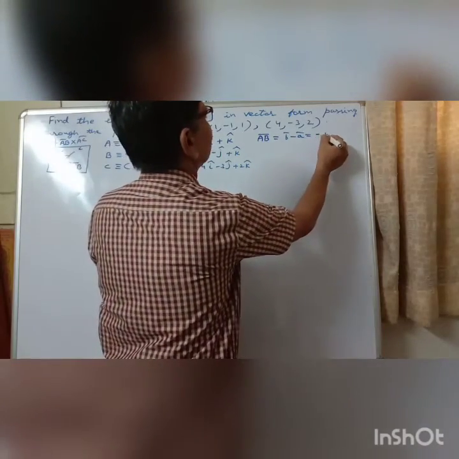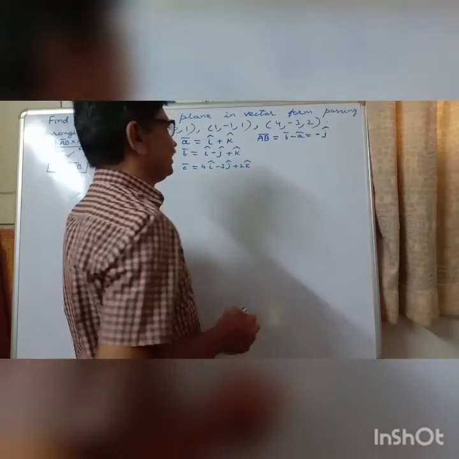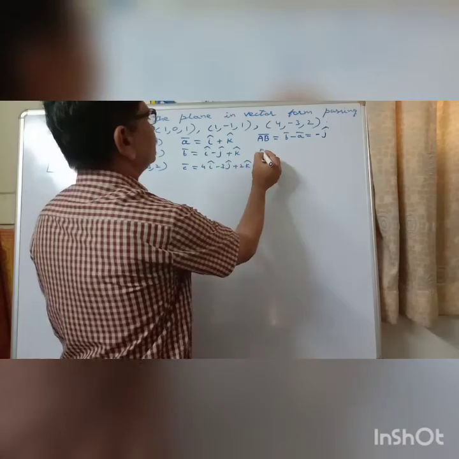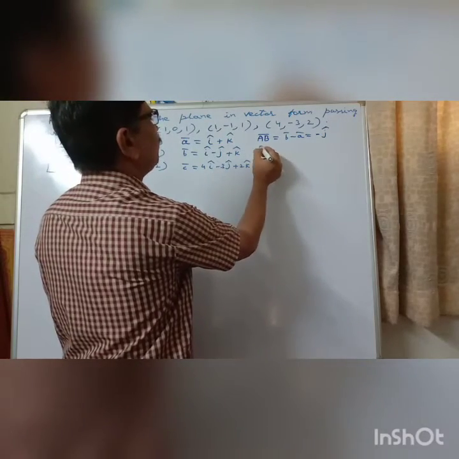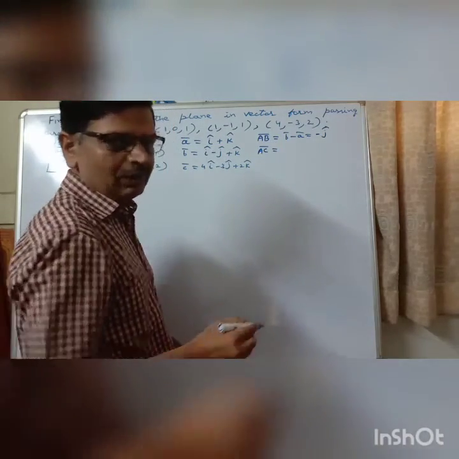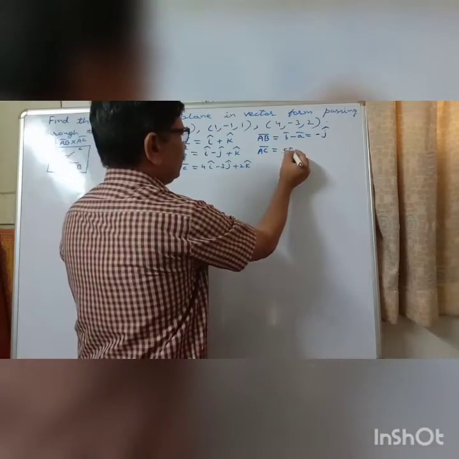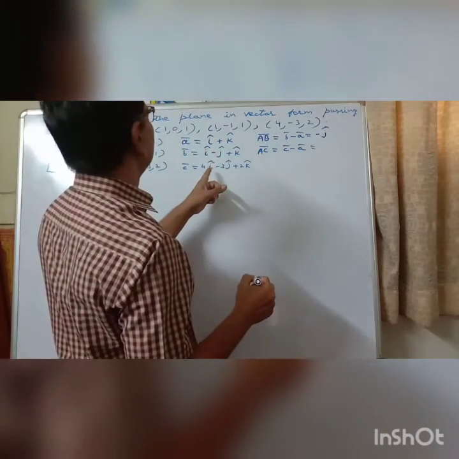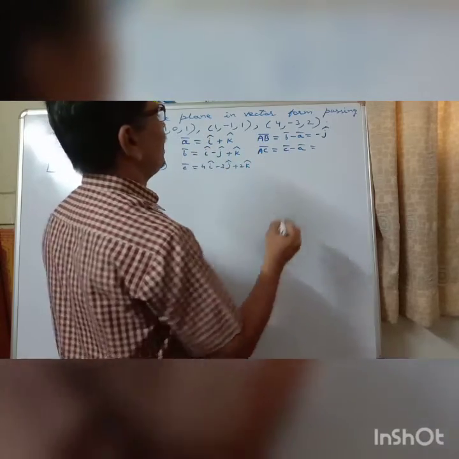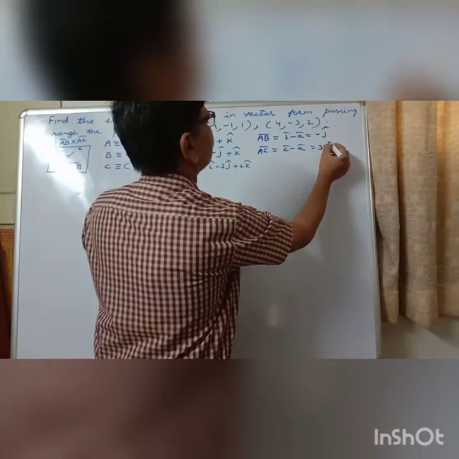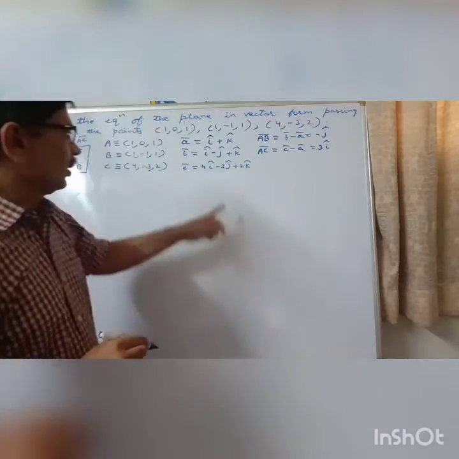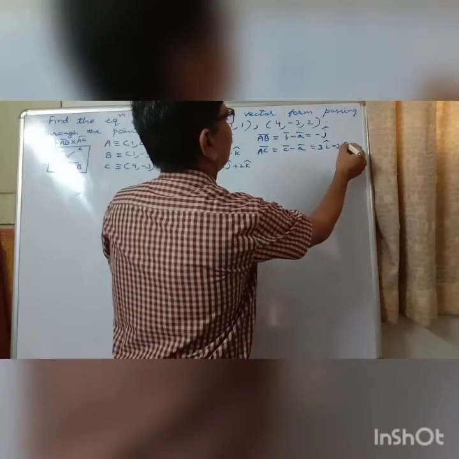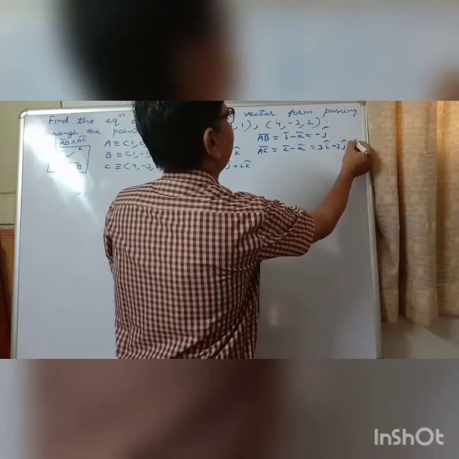Minus j. K minus k also gets cancelled. So AB bar is minus j. AC bar: A is the initial point, C the terminal point, so C bar minus A bar. 4i minus i is 3i, minus 3j, plus k.